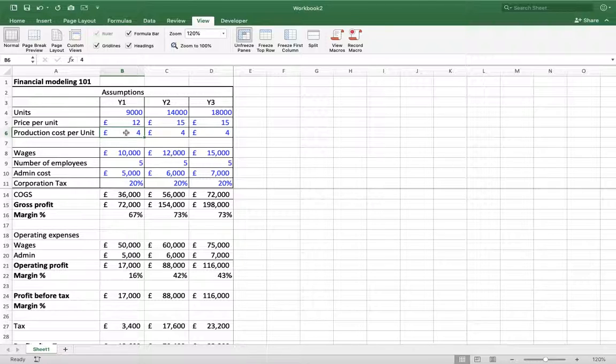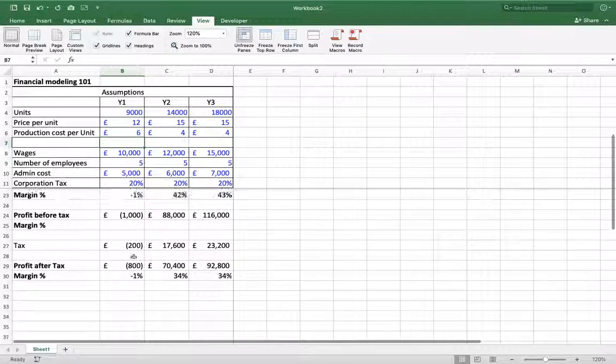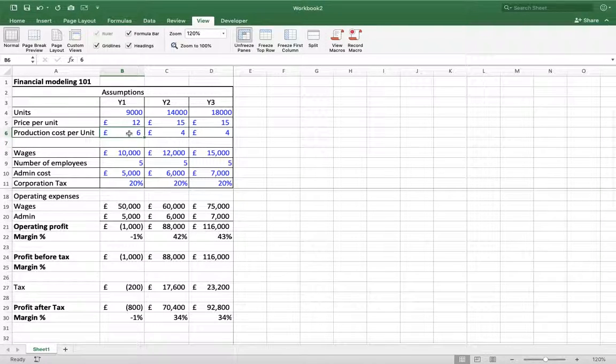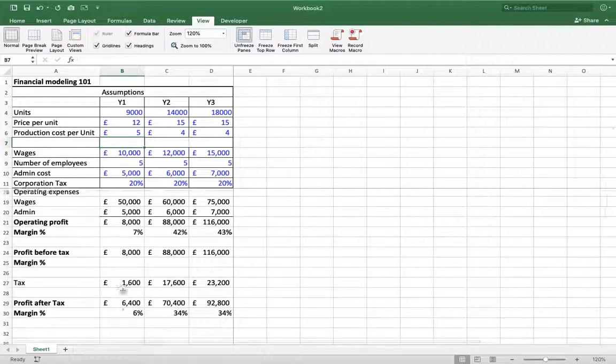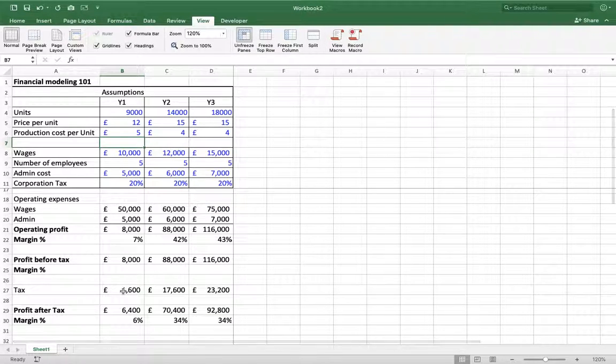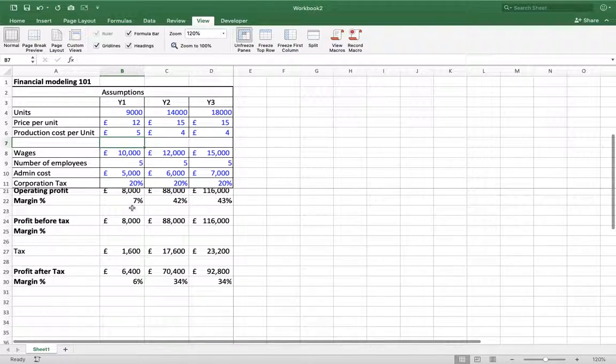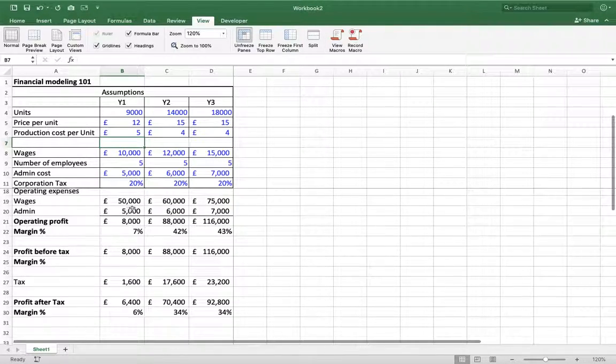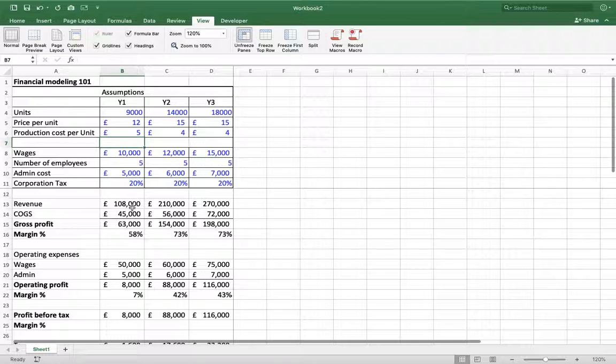You can see if the production costs change, for example, a more expensive product costs us £6, we see we've got a loss again. But if it goes to £5, we've got a profit. With this, you can easily find out your break-even point, how much you need to produce and what price you need to set, and it gives you a clear view of how profitable or loss-making your business could be.